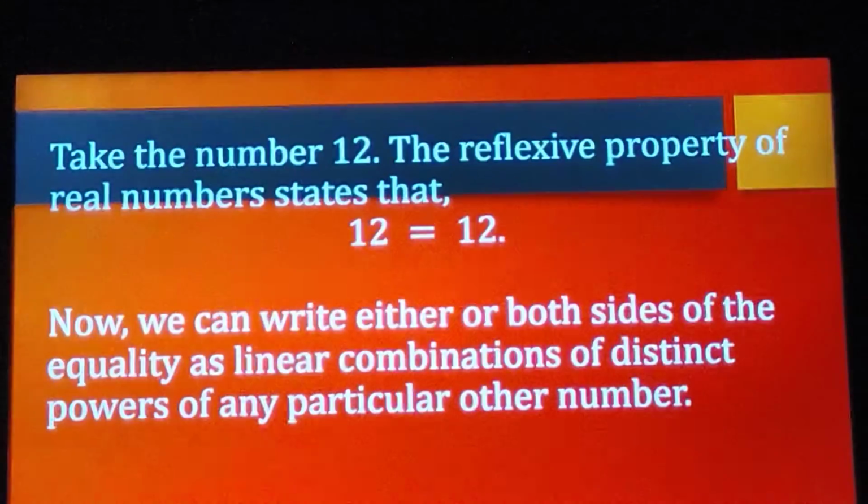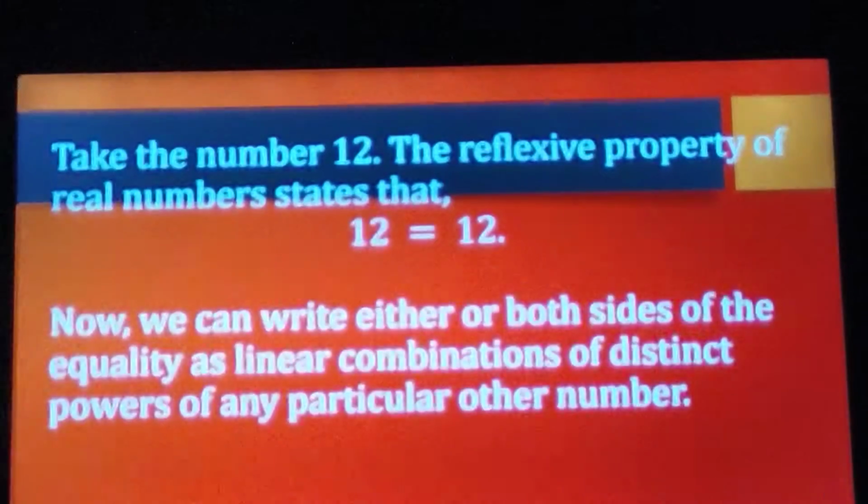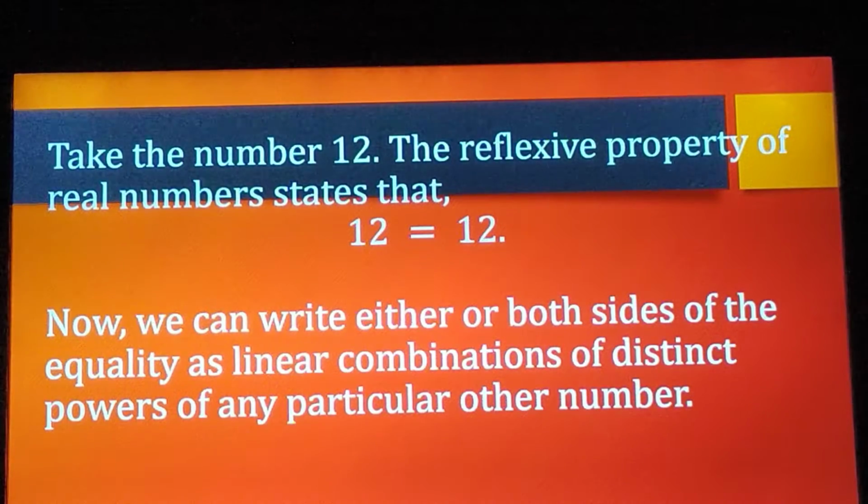Take the number 12. Then the reflexive property of real numbers states that 12 is equal to 12, or any number is equal to itself. Now we can write either or both sides of the equality as linear combinations of distinct powers of any particular other number.